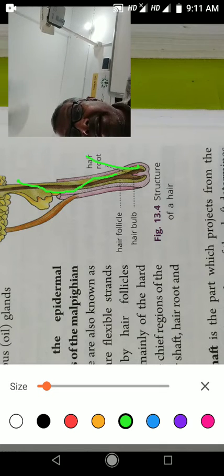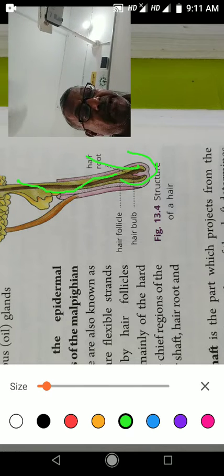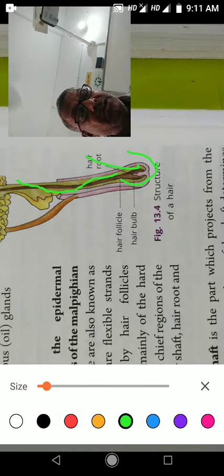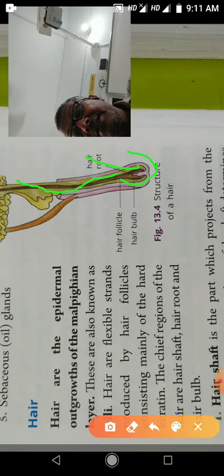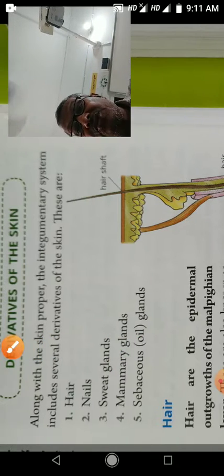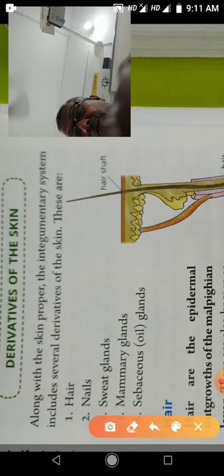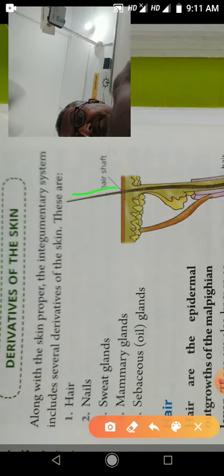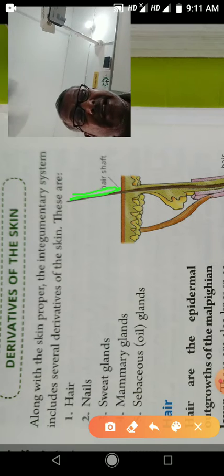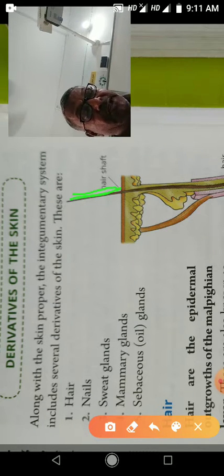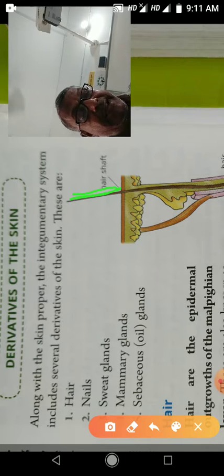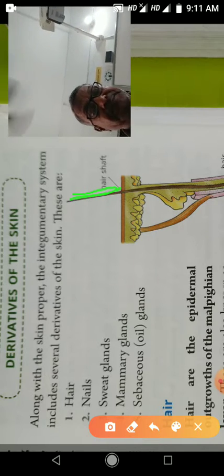This portion is called hair root, and there is hair bulb. So hair shaft is the part which projects from the skin. The part of the hair which projects from the skin, that is called hair shaft. This portion of hair is the hair shaft. The shape of the shaft determines whether hair is straight or curly.